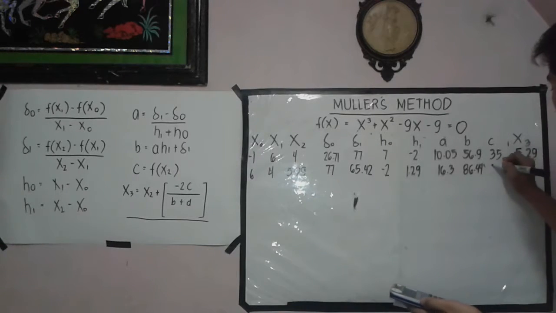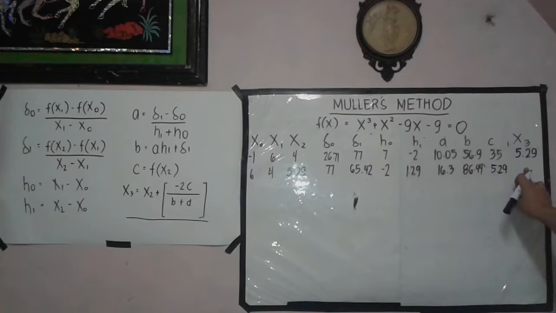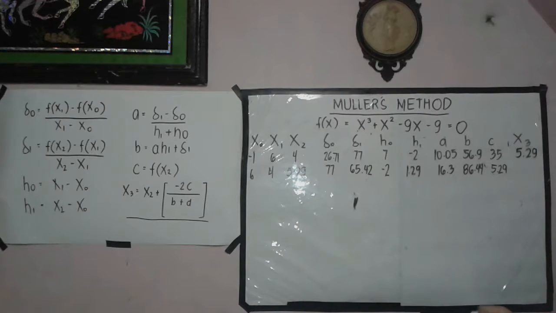The value of c is 5.29. So, solving the value of x3 using the discriminant again, we'll have the value of 3.91.